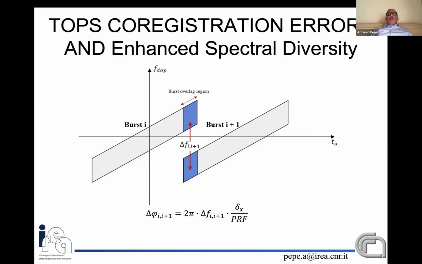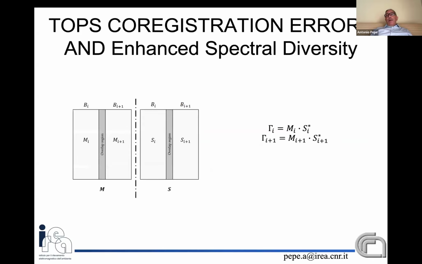So if we only consider the burst overlapped region, the literature now allows us to obtain the so-called BOI interferograms, the burst overlapped interferograms. The same basic principle is used also for the co-registration of TOPS-SAR images, but co-registration of TOPS-SAR images is another story.